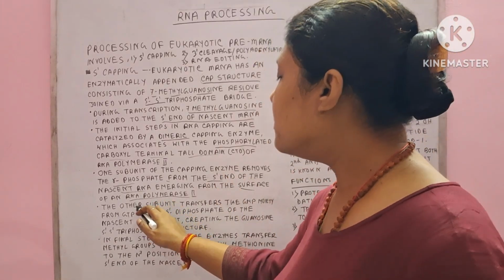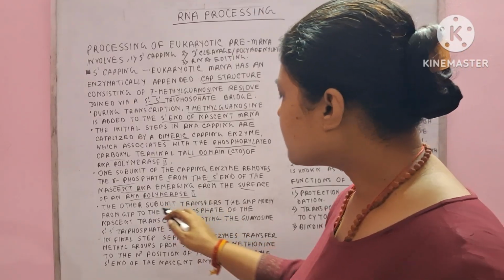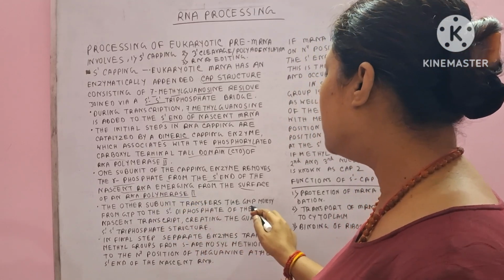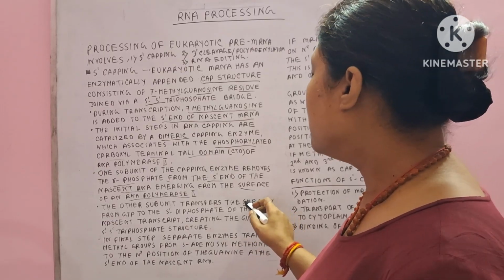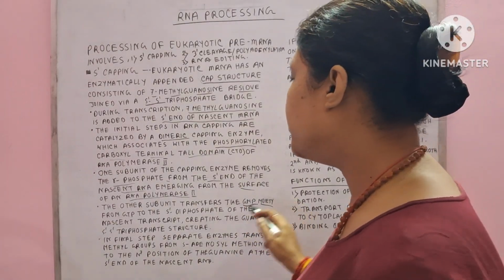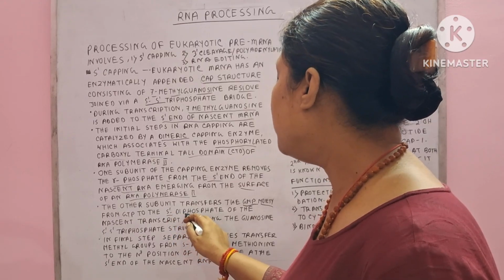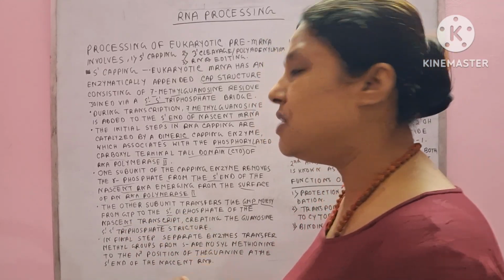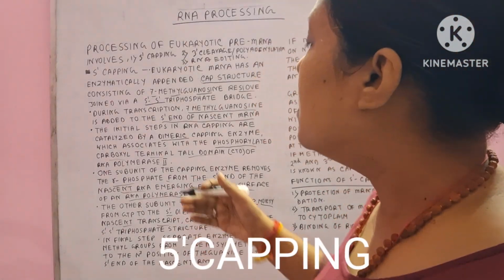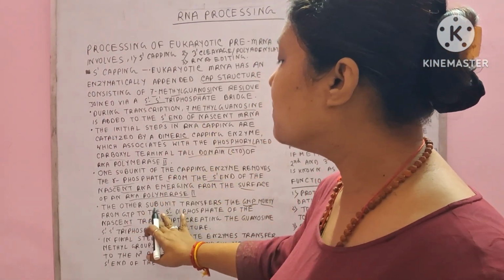And the role of the other subunit is that it helps to transfer the GMP moiety, the guanosine monophosphate moiety, from GTP to the 5' diphosphate of the nascent transcript, or you can say the mRNA.